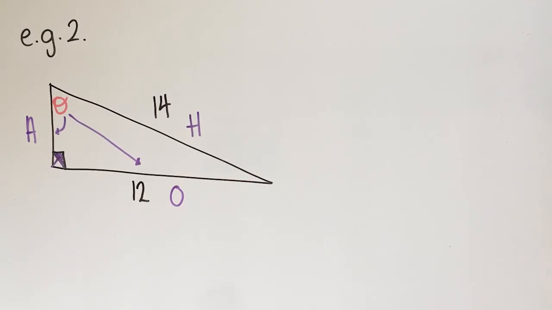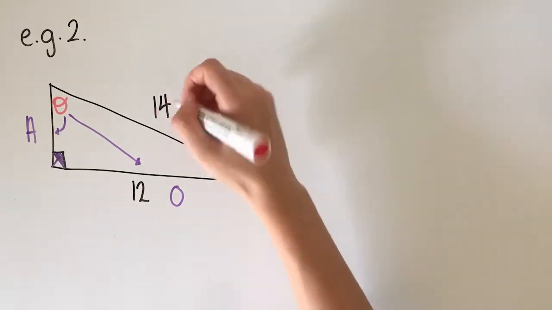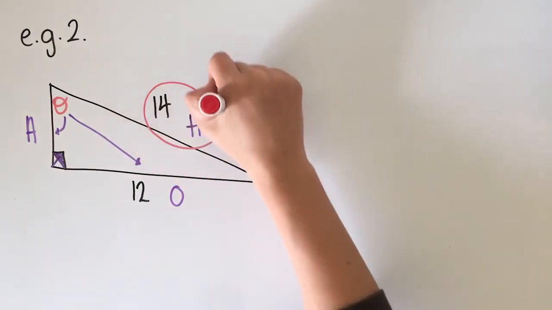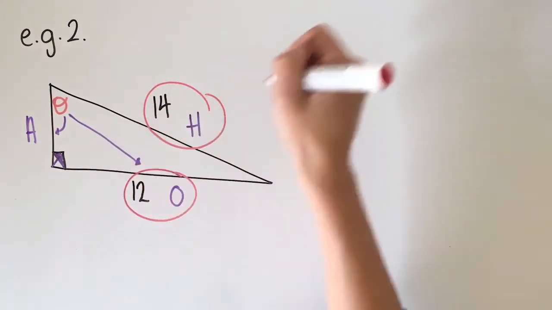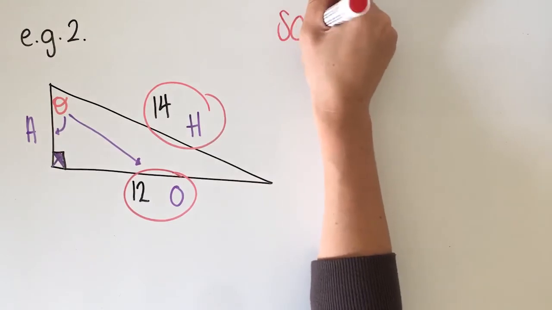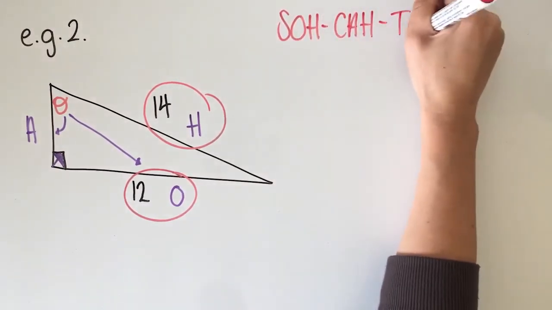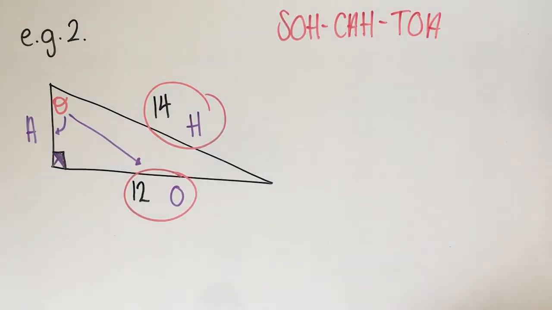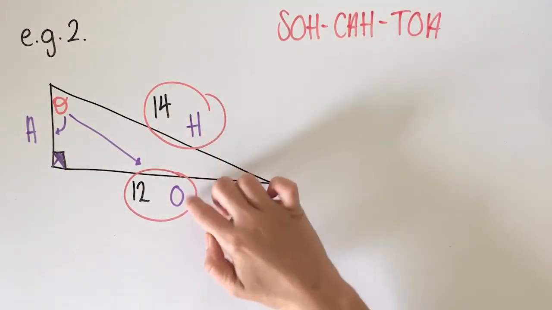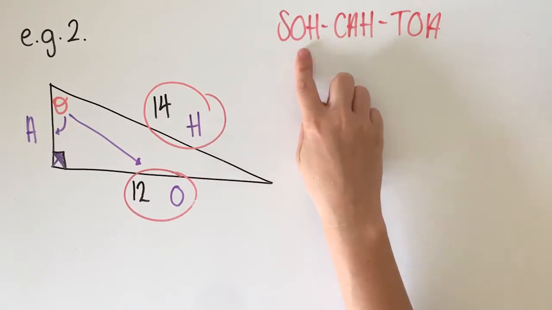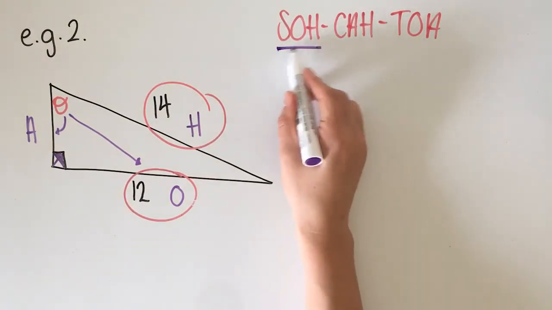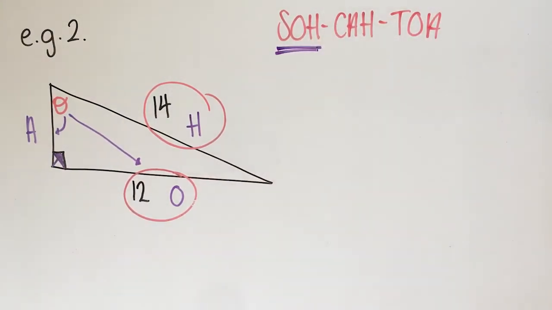All right, now I need to decide which ratio I'm going to use. So I can see I have an H and I have an O. So I'm going to write here, SOH CAH TOA. If I've got an H and an O, this one has an H and an O, so I'm going to pick this one. S stands for sine.